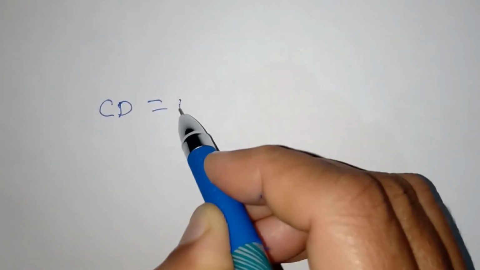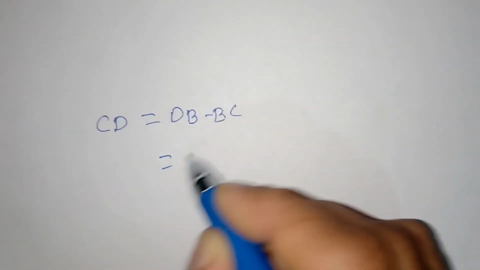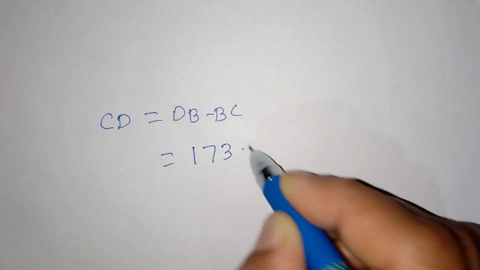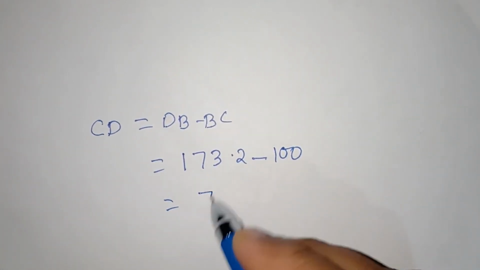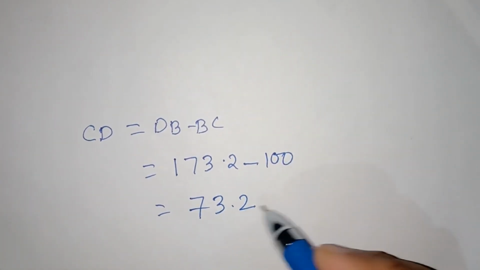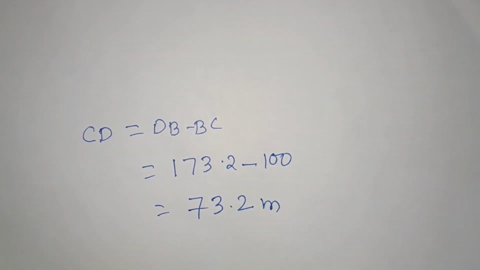CD equals DB minus BC. DB is 173.2 minus BC is 100, which is 73.2. Therefore, the distance between the two ships is 73.2 meters.